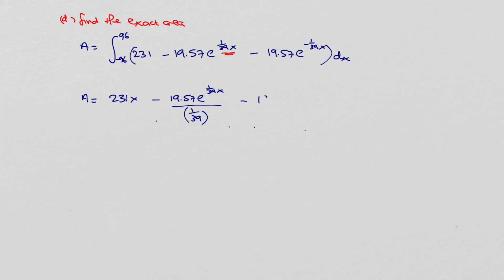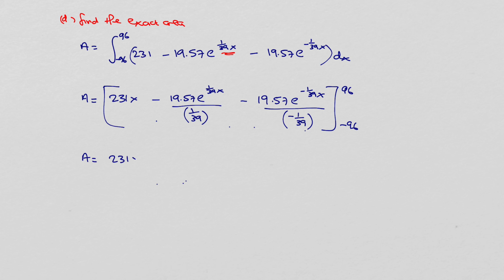And then it's minus 19.57 e to the power of minus 1 over 39x. And again, I must divide by the minus 1 over 39. And then I'm going to sub in my limits of 96 and minus 96. Let me just simplify this first a bit before I sub in my limits. If we're dividing by 1 over 39, we end up with 763.23.